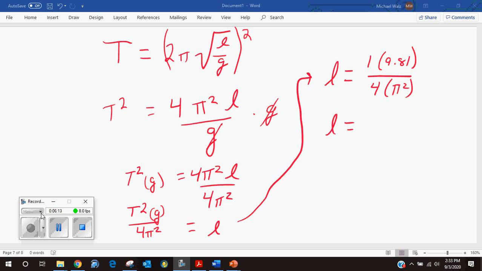Okay, so the number we're coming up with here is 0.2485. There's more numbers to it, but that's what it rounds to. So hopefully your pendulum, your 1 second timer, is then approximately 24.85 centimeters, because that is the right answer.